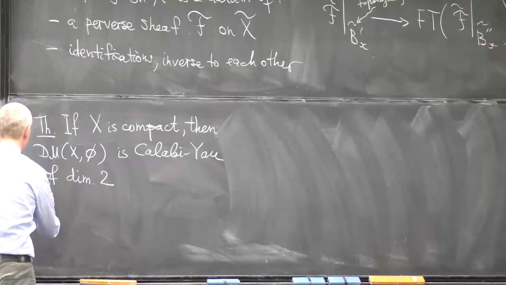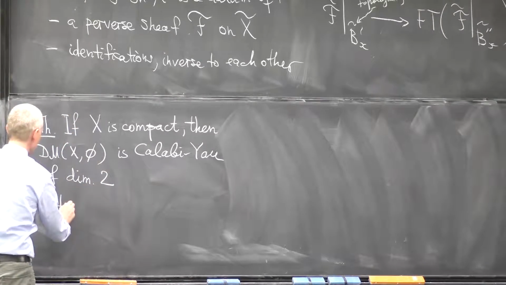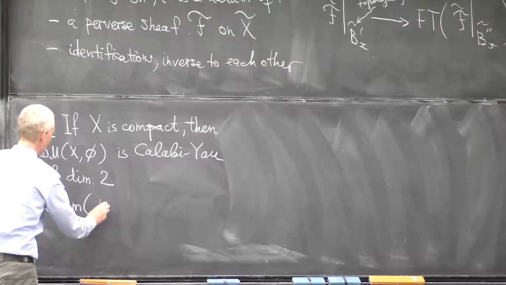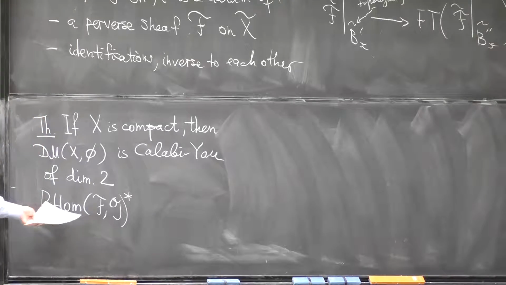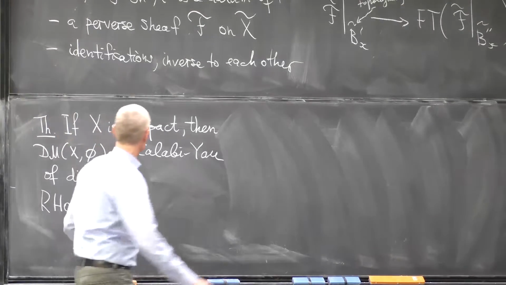Which means that we have an identification of complexes Hom from F to G, dual. Because we're dealing with constructible sheaves, it's finite dimensional.